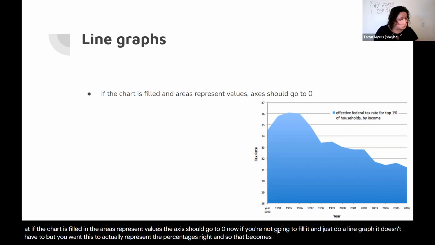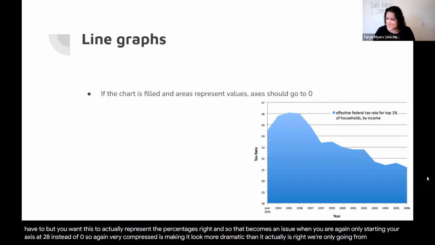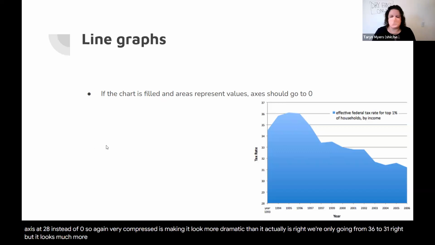And so that becomes an issue when you are only starting your axis at 28 instead of 0. Again, very compressed, making it look more dramatic than it actually is. We're only going from 36 to 31, but it looks much more dramatic.